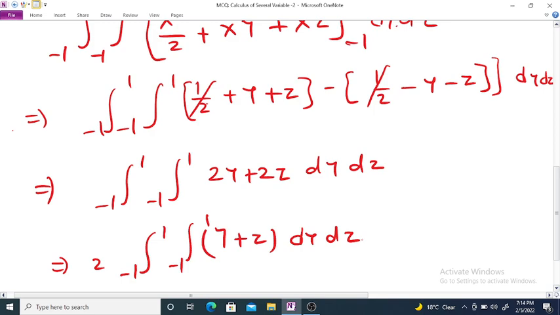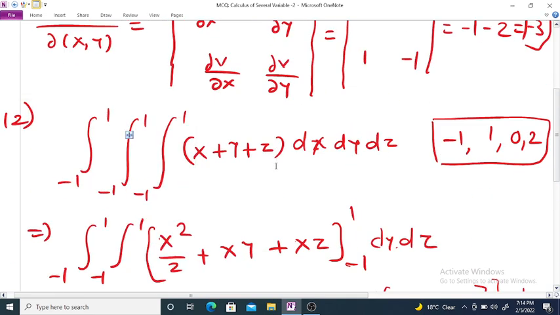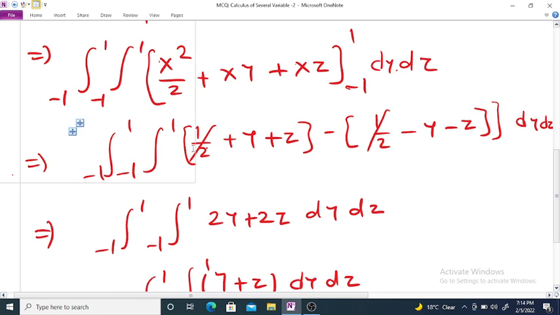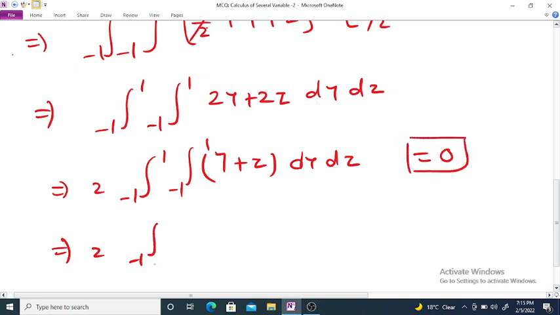Similarly, if you compare this integration with the first integration, x plus y plus z, this term will get cancelled here, and next this y will get cancelled here. If you evaluate here 2 times, the answer will be 0. You can directly guess here that the answer will be 0. Now it is y square by 2 plus yz from minus 1 to 1, dz.